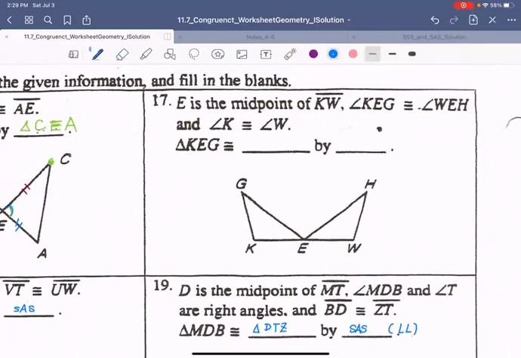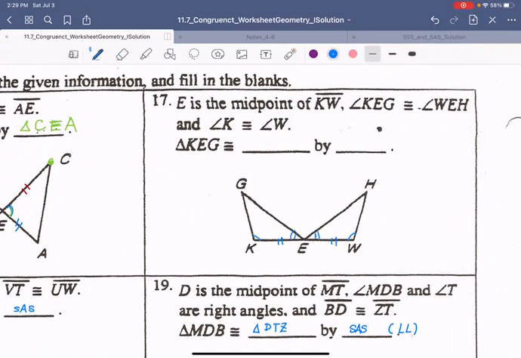E is the midpoint of line KW, so line KE is equal to EW. Angle KEG is congruent to angle W. Shouldn't it be another angle? So what else? Angle KEG is congruent to angle WEH.